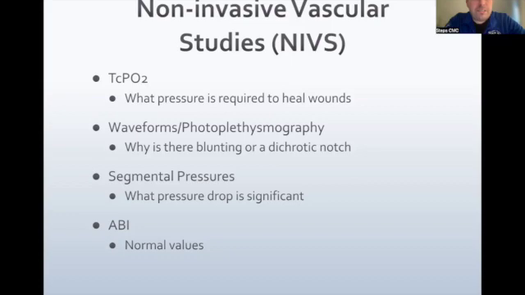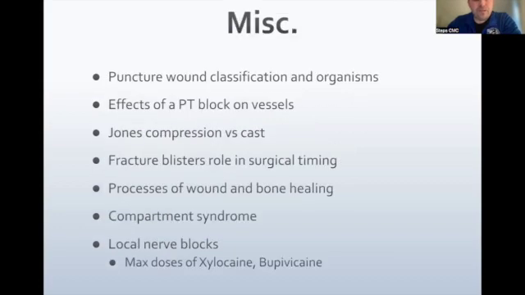What the pressure drop is significant between the levels of the segments of the pressures taken, and then just know what the normal ABIs are. 0.9 to 1 being our normal range. Above 1, that's when you start thinking about calcified vessels, and then the mild down to severe PVD when it drops below that 0.9.